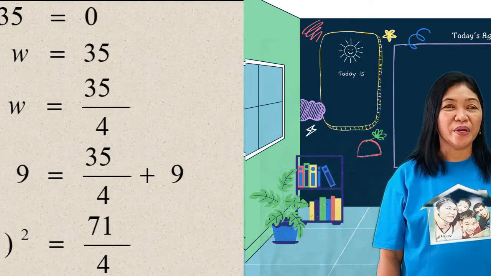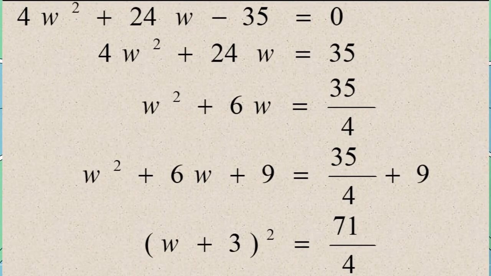First, bring over the constant term to the other side of the equation. So we have 4W squared plus 24W equals 35. We complete the square on the left side of the equation by applying the formula C equals the square of half of B. But that only applies when A is 1.